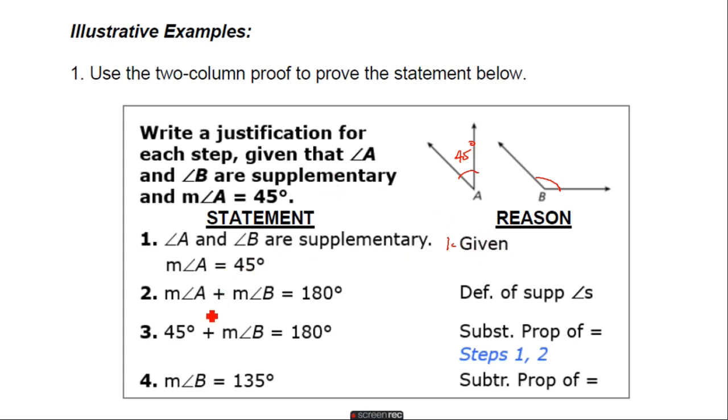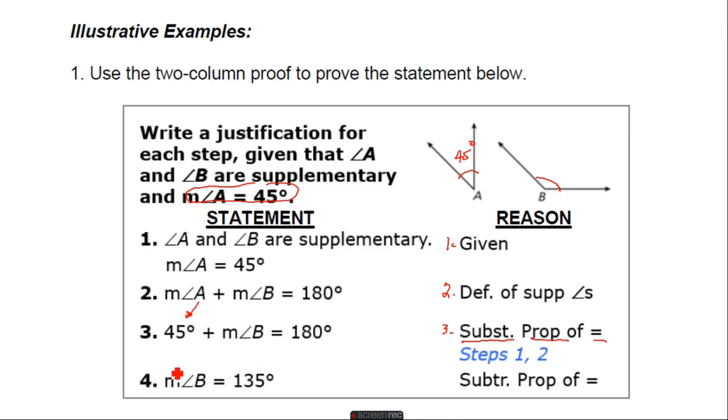Now, number 2. We need to prove measure of angle A plus measure of angle B is equal to 180. Because we are adding, the reason is definition of supplementary angles. Next, 45 degrees plus measure of angle B equals 180. We know that measure of angle A is 45 degrees, so we substituted 45 degrees there. Therefore, our reason here is the substitution property of equality.